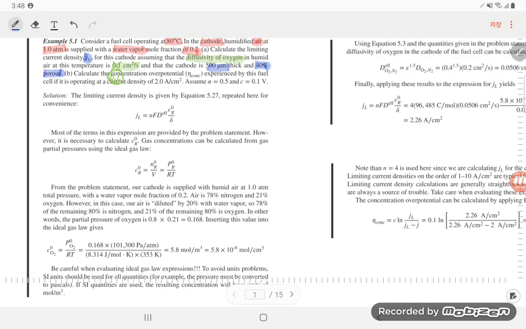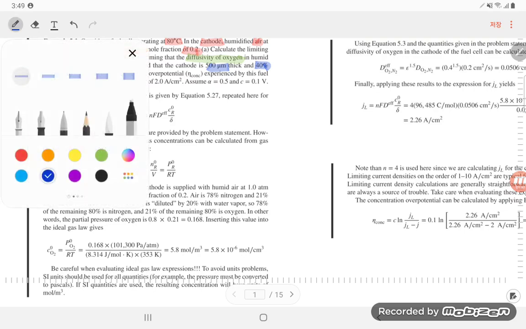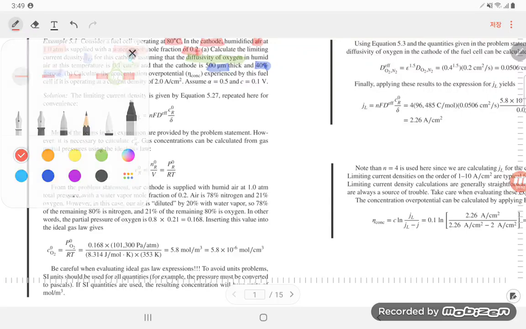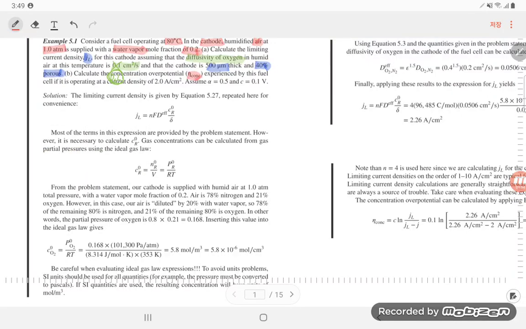The porosity is 40%. This is the first question, and the second question is calculate the concentration overpotential experienced by this fuel cell if it is operating at a current density of 2.0 ampere per square centimeter.